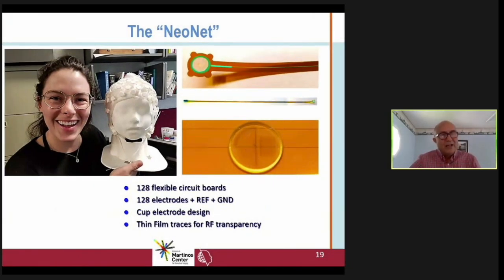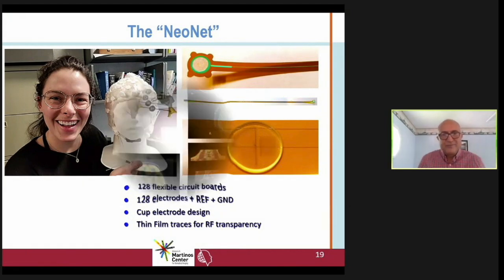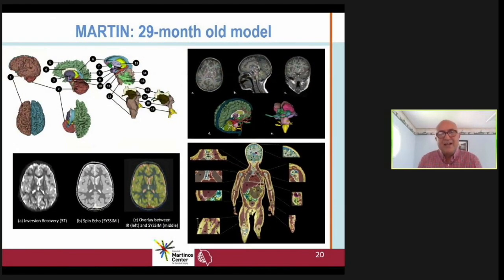We are now working on a version for children called the NeoNet, which is based on thin film technology. I'm hoping to present this next year at OHBM. All our safety studies and the design of the InkNet itself are based on a 20-month-old model that we have developed called Martin, which has more than 90 tissues.